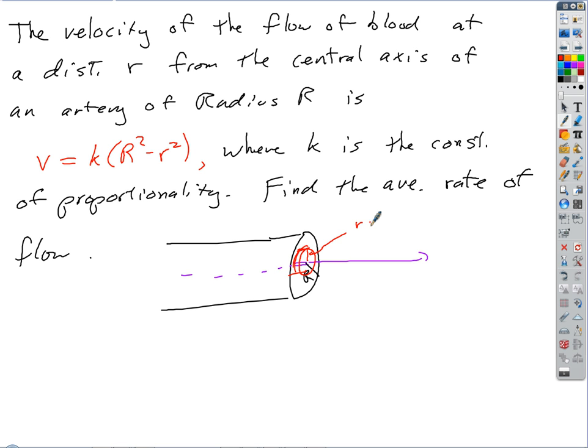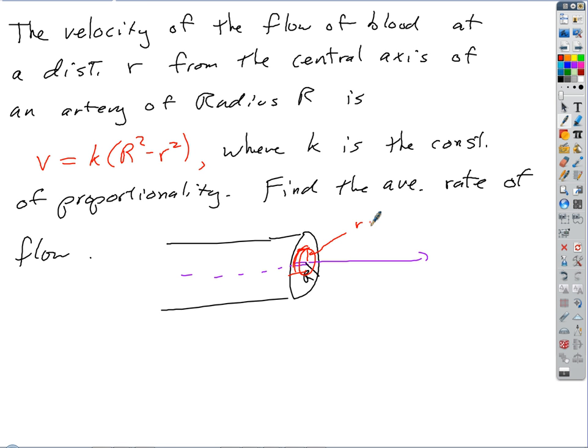This is what predicts the velocity of the flow, okay? Does that make sense? So where k is going to be some constant of proportionality, and it's a real constant. It would depend on the parameters of your blood. Everybody's blood is a little bit different. It's got higher platelet count or lower platelet count. It's got more lipids in the blood, whatever it is.